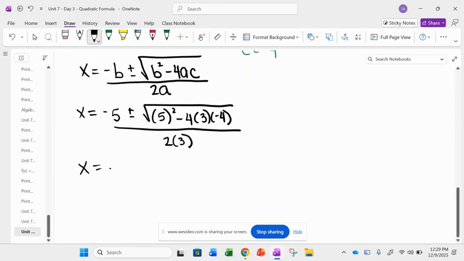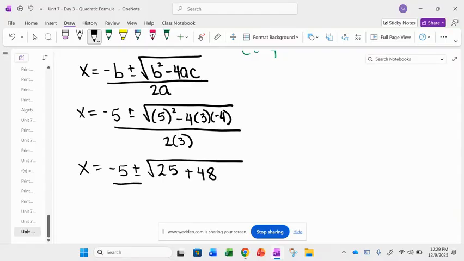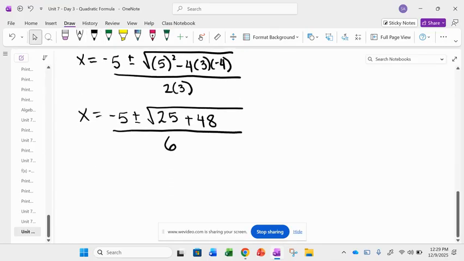So x is equal to negative 5 plus or minus the square root of 25 minus, or a negative 4 times a negative 4 is a positive 16. Positive 16 times 3 is a positive 48. All over 6. So we keep going.